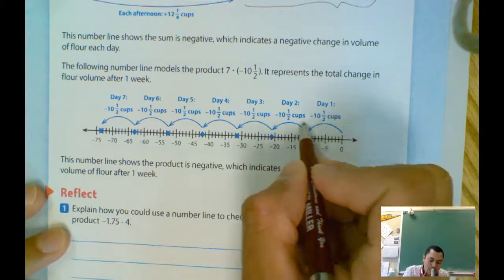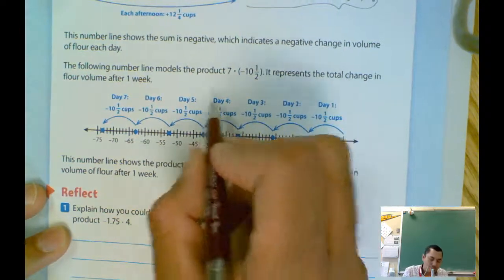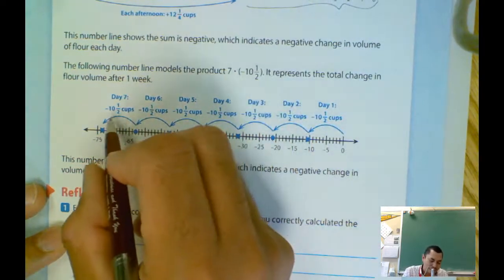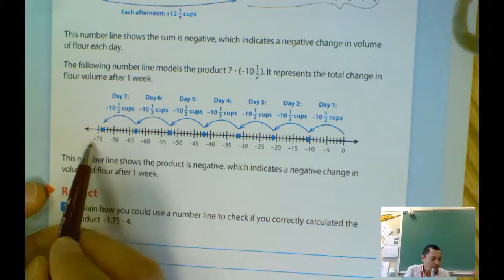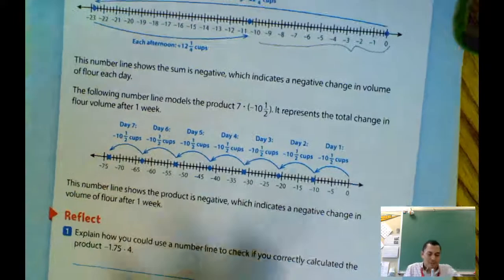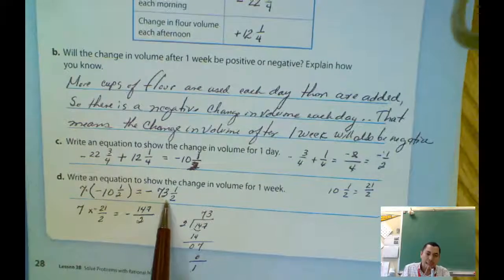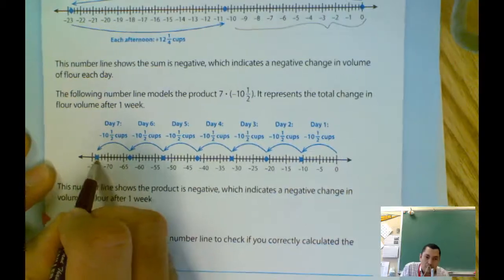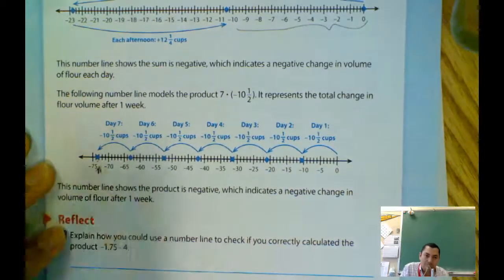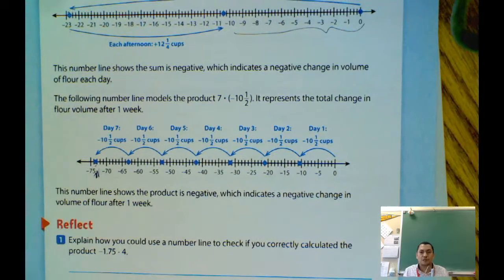Day 1, day 2, day 3, day 4, day 5, 6, 7. We ended here. So we ended almost at negative 75. Remember that this one was negative 73 and 1/2. So we are just before 75. Okay, so that's the solution. That's using the number line.